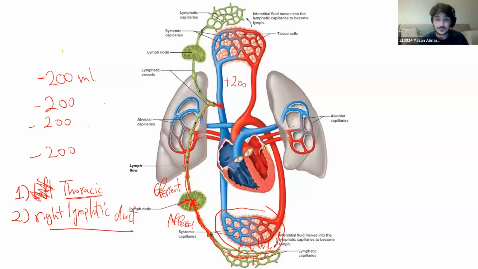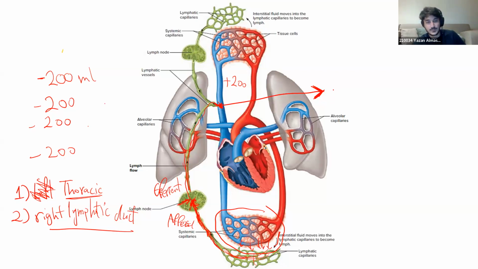So the place where they put it back, does anyone know where the place is? Superior vena cava. Close. It's a specific area. It's at the junction of two vessels.